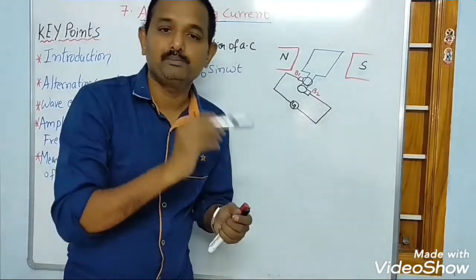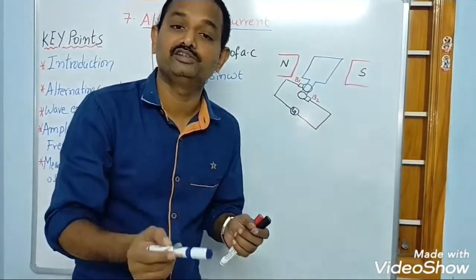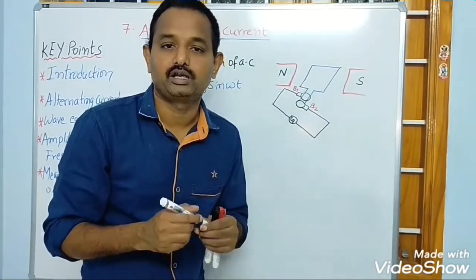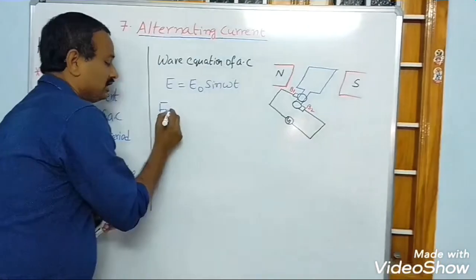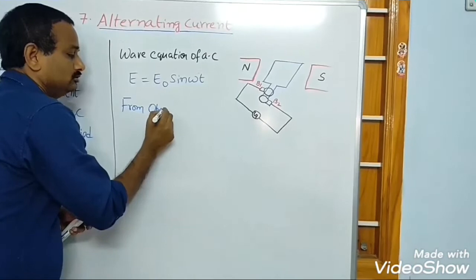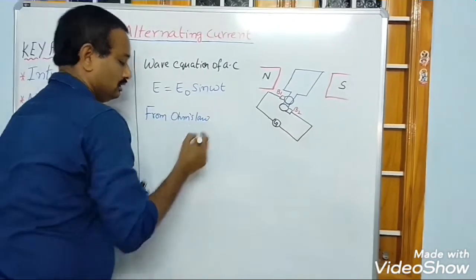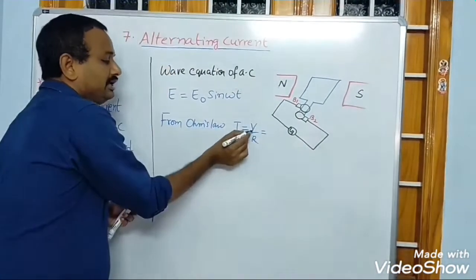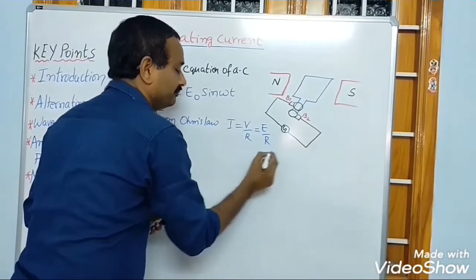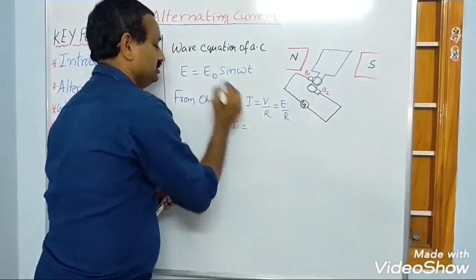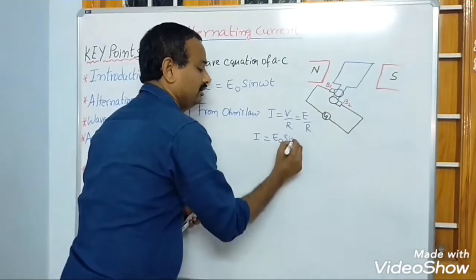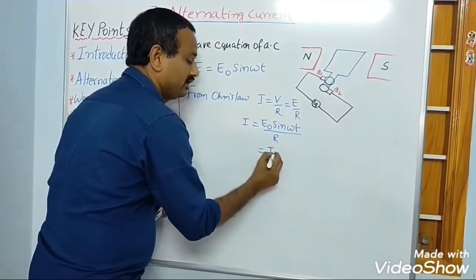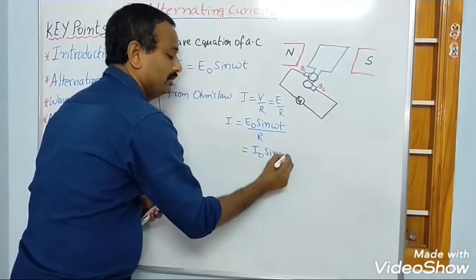Students, this EMF is associated with a circuit having resistance R. From Ohm's law, I equal to V by R. Here, instead of V, I will write E by R. E means E naught sin omega t by R. Here E naught by R means I naught, so we have I naught sin omega t.